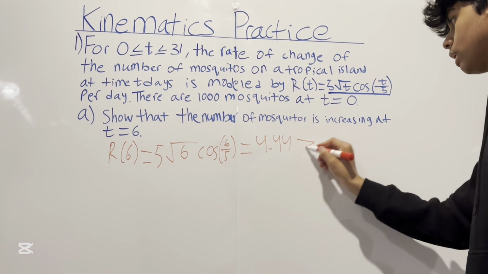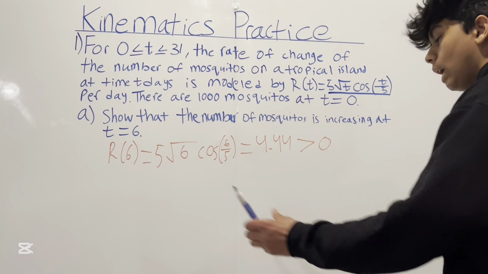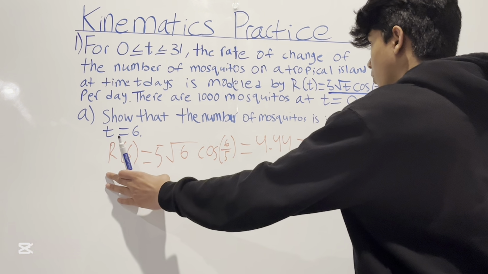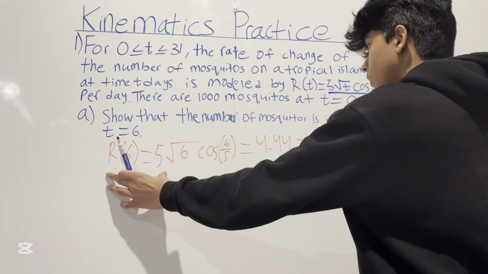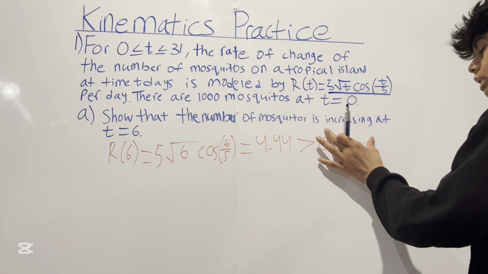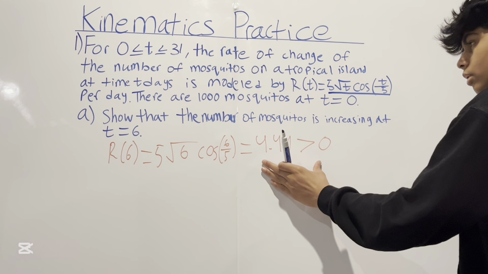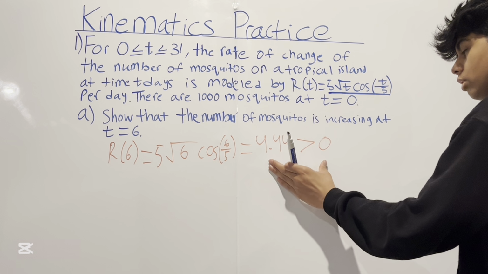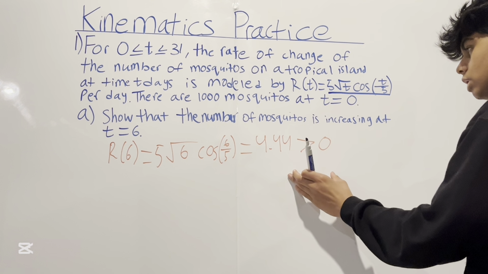And since this number is greater than 0, and the function we just calculated was the rate of change function, which can tell us if the function is increasing or decreasing. If it is greater than 0, then it's going to increase. If it's less than 0, then it's going to decrease.